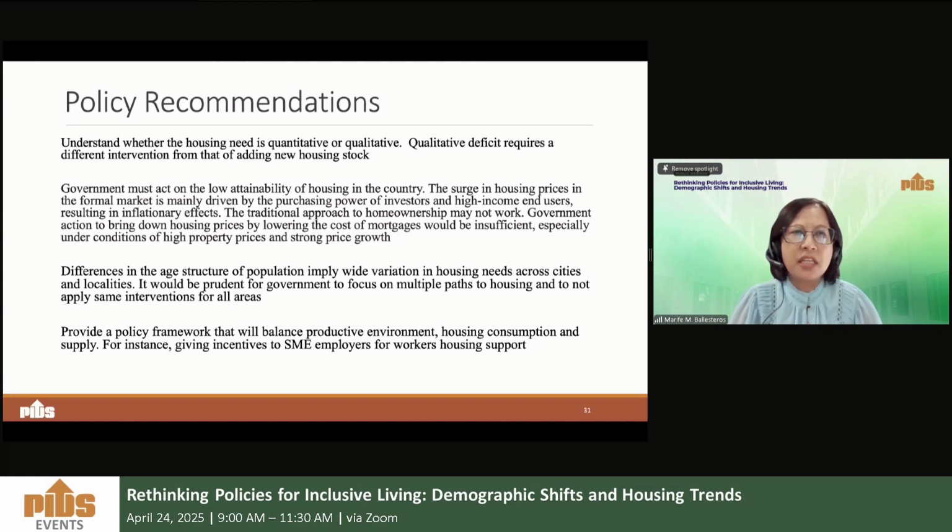And I have emphasized this in the earlier study that we have on housing affordability. So what really drives land and housing prices? The study in 1993 by the World Bank is, I think, still relevant up to this time, especially for land. They're saying that it's actually speculative in a sense.